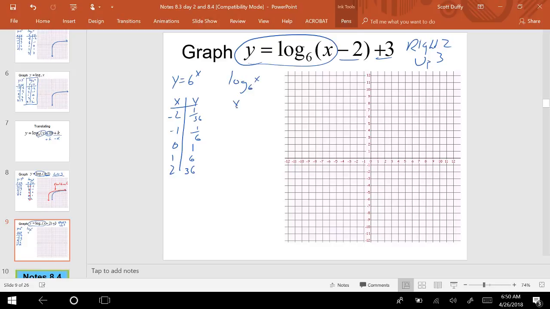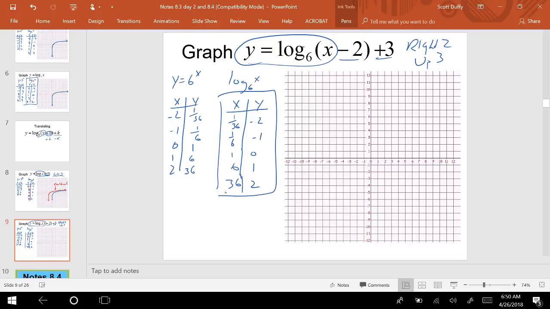We just have all of those swapped: 1/36, negative 2, 1/6, negative 1, 1, 0, 6, 1, and 36, 2. So you could plot all of these points and then move all those points right 2 and up 3.